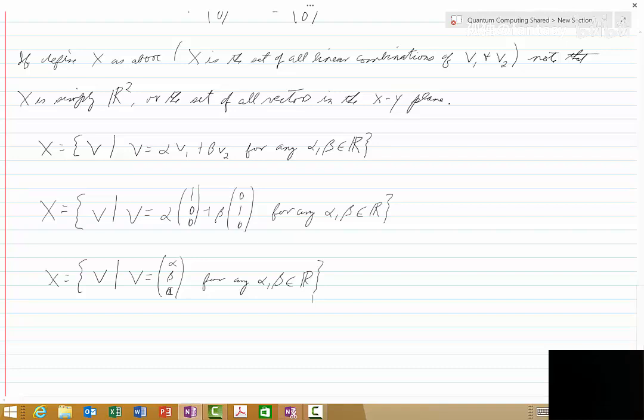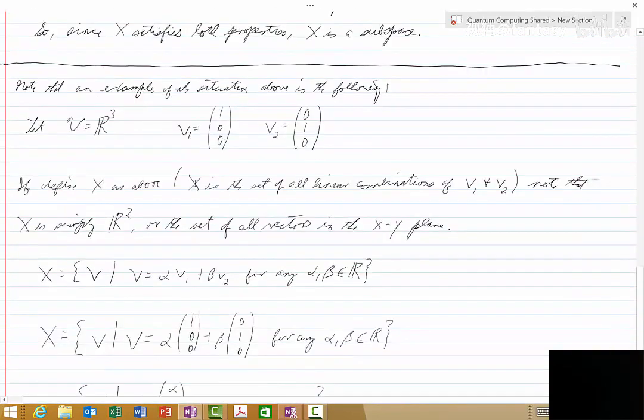So another way of saying this that you will hear some people use sometimes is that the two vectors we've chosen here, (1, 0, 0) and (0, 1, 0), generate R2. Or another way of saying it that you'll see sometimes is they span R2. Any vector in R2 can be written as a linear combination of these two vectors.